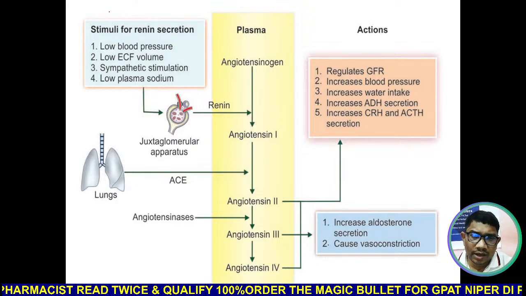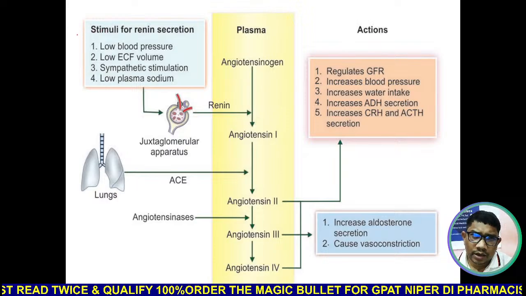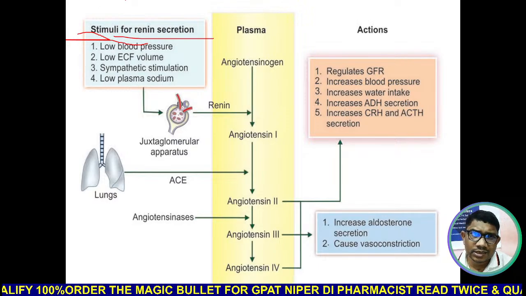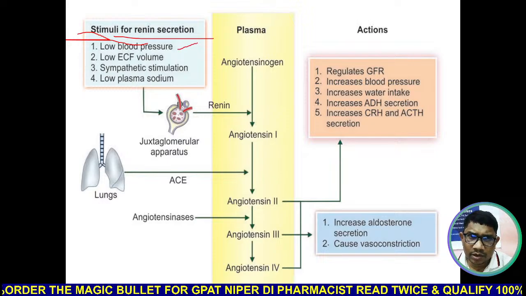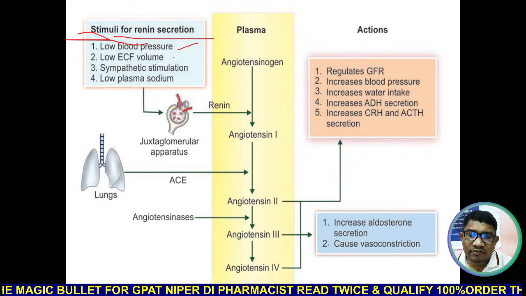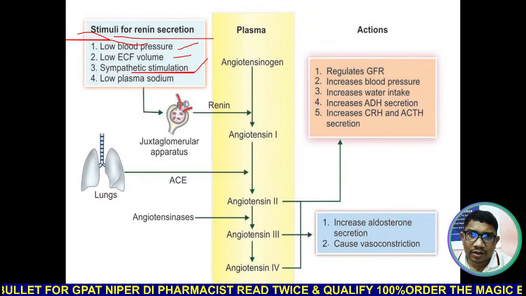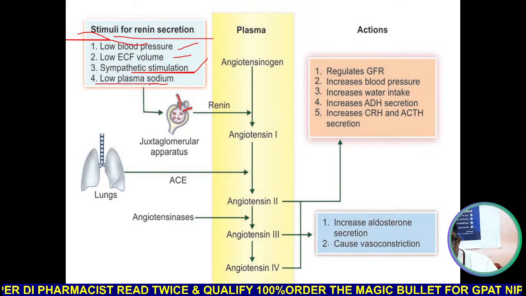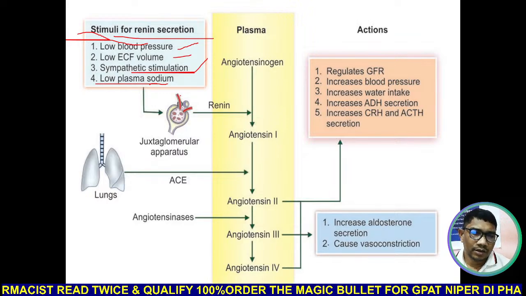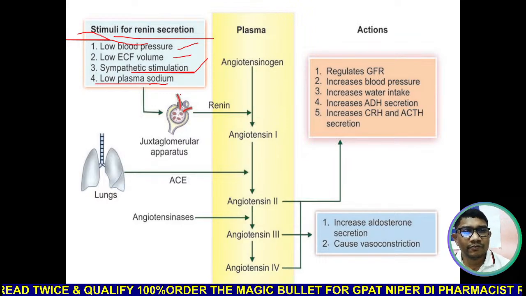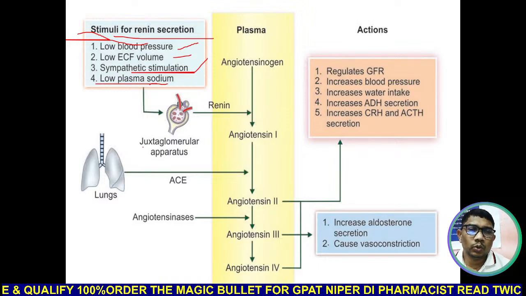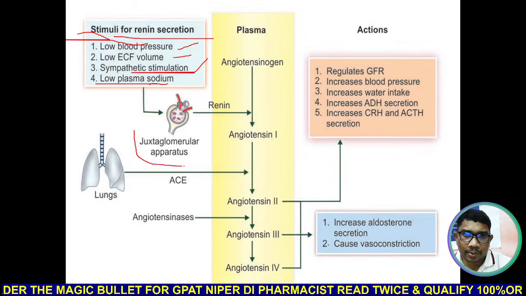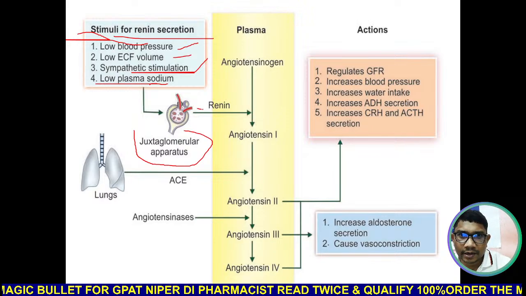Look, stimuli for renin release, or renin secretion: decreased blood pressure, low extracellular fluid volume, sympathetic stimulation, and low plasma sodium. These are all stimuli for the kidney to release renin. If blood pressure falls, extracellular fluid volume falls, the sympathetic system is activated, or plasma sodium is low, that will stimulate the juxtaglomerular apparatus of the kidney to release renin.